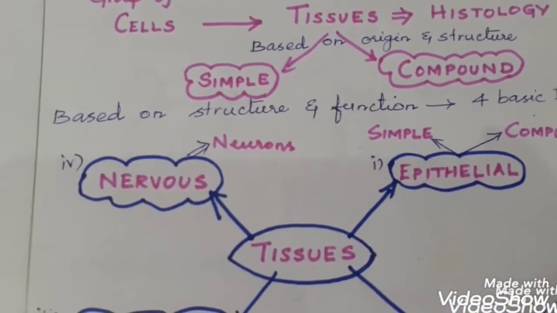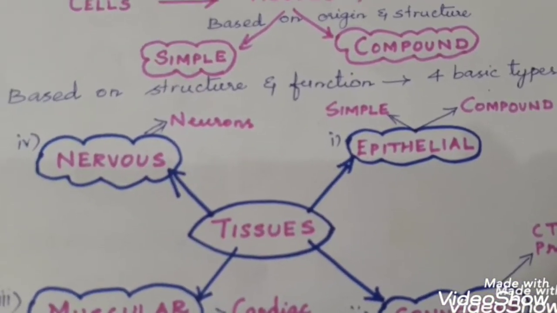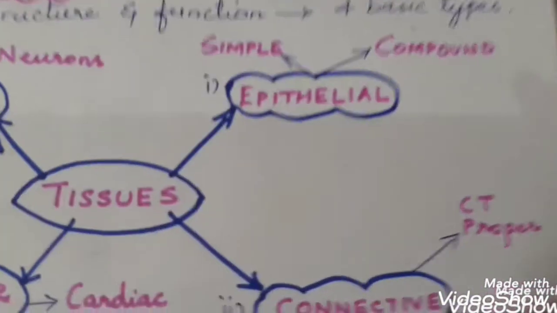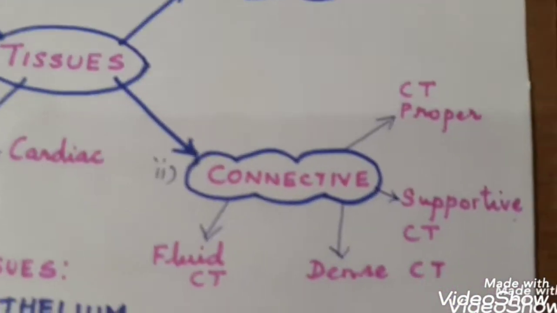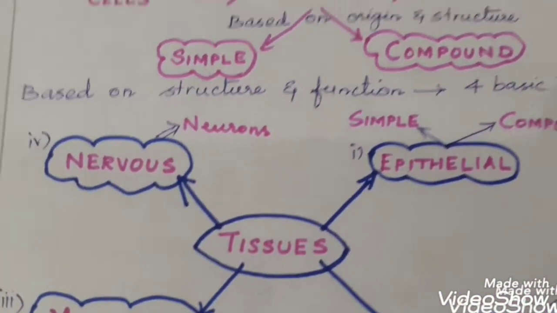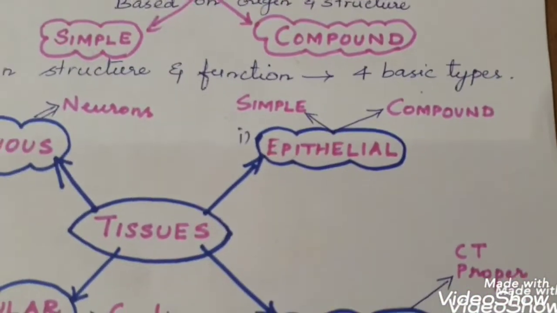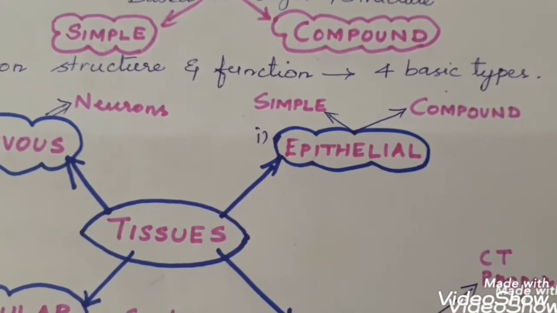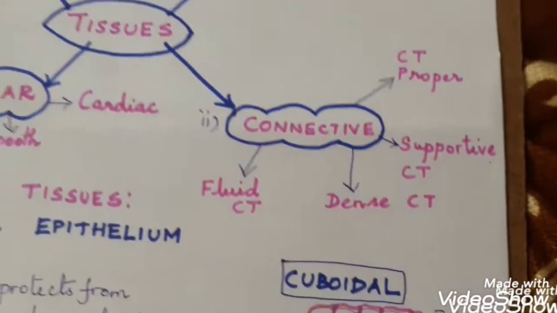Based on the structure and function, there are four types of basic tissues. They are epithelial tissues, connective tissues, muscular tissues, and nervous tissues. Epithelial tissues are further divided into simple epithelium and compound epithelium.